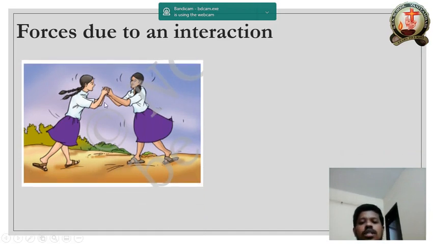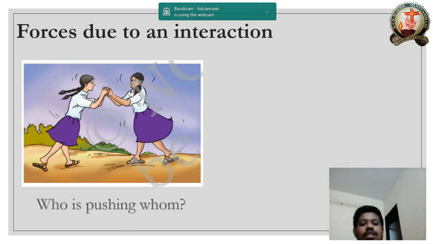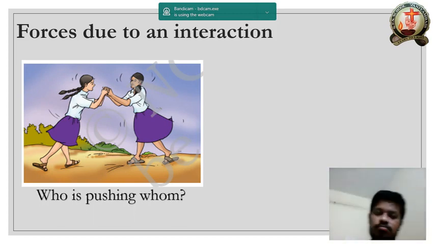So what are these two girls doing? This is a girly game. I don't think even boys can play this, but mostly this type of game will be played during your PT period, among girls. So what is this actually? They both are trying to rotate themselves. They both are trying to push.